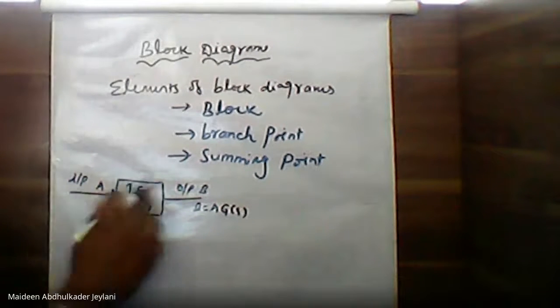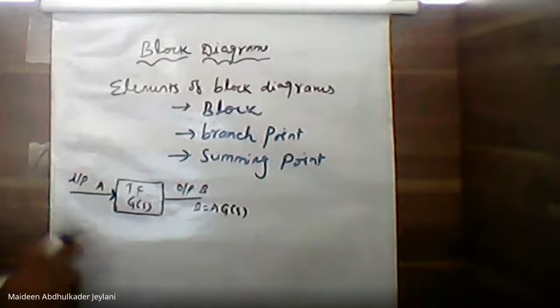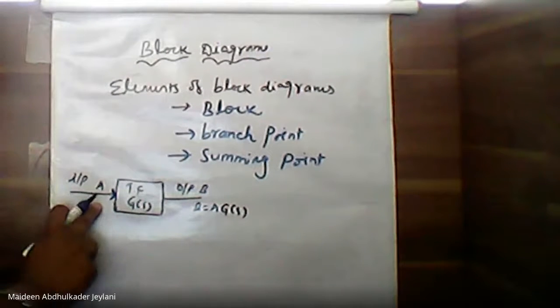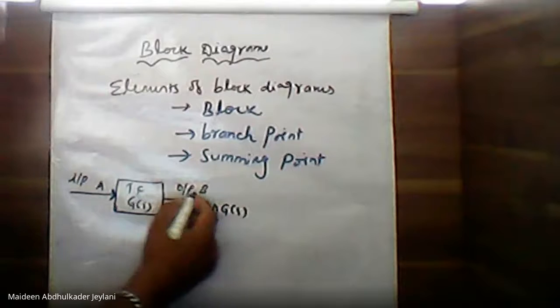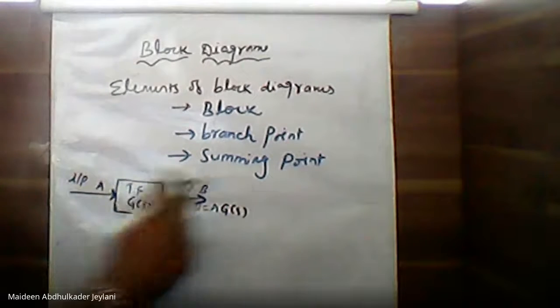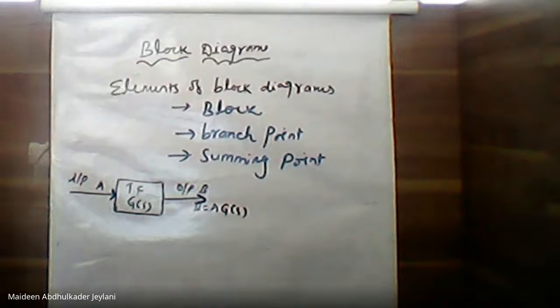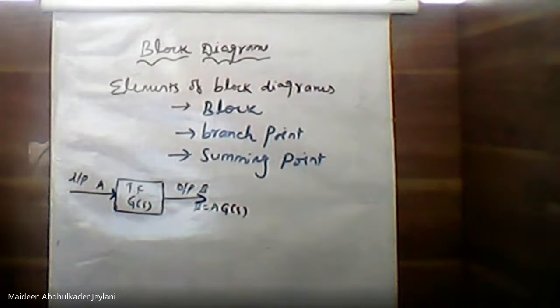Arrow marks indicate the direction of flow. Your input goes to the transfer function of system gain, and we will get the response from the system gain, B equal to the product of both system gain and your input. Clear? So the arrow mark is more important here. That is what your block is.